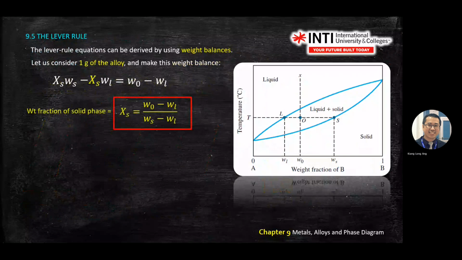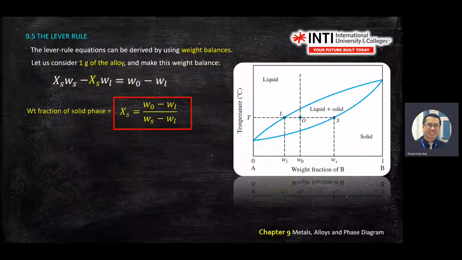Or you can memorize, huh? WO minus WL over WS minus WL. Or you can memorize the O as the X, the one that you want to find. What does it mean?